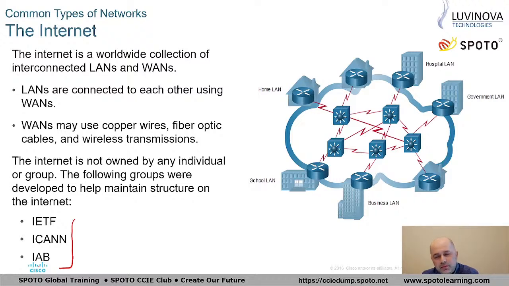Those different organizations are responsible for different regions. Some are responsible for North America, some for Europe, and some for Australia, New Zealand, etc. They are responsible for ruling and helping maintain the structure of the internet.